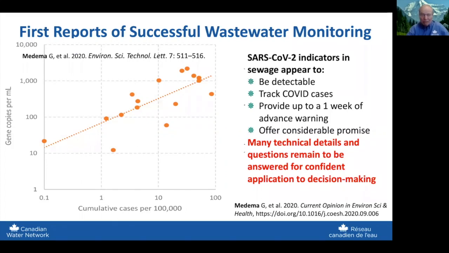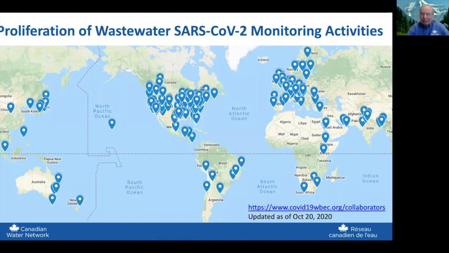So this is an interesting depiction, and I'll show you the website in the bottom right corner. Some folks in California have been tracking the users of wastewater monitoring for SARS-CoV-2, and the little blue indicators here are all the places in the world that have informed that website of their interaction.